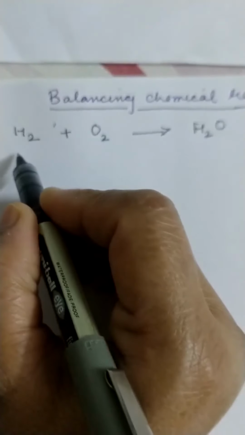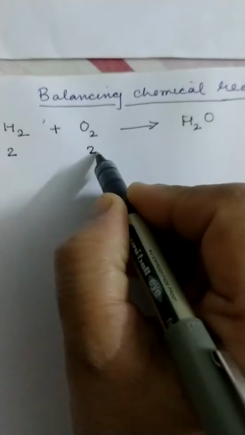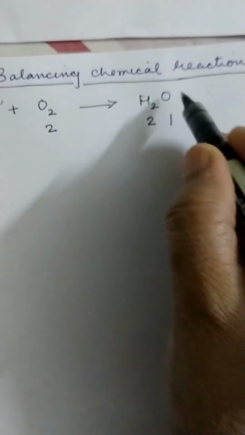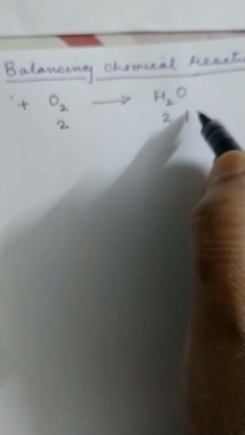Here hydrogen has 2 atoms, oxygen has 2 atoms, and in the product, 2 atoms of hydrogen and 1 atom of oxygen together form a molecule of water.